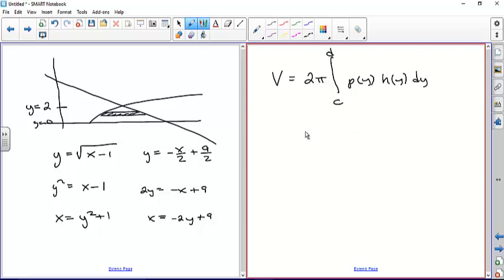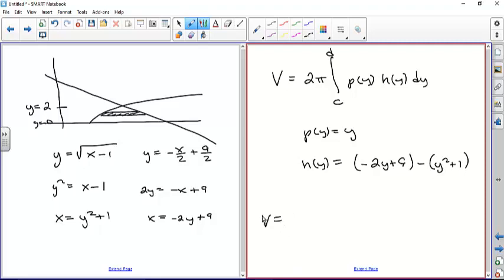And when the horizontal axis is the x-axis, p of y is just y. And h of y is this distance from here to here. So the upper part, the more positive y part, is the linear function. And the more negative part is the quadratic function in terms of y. So that's h of y.